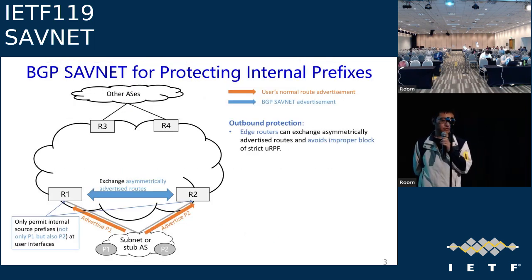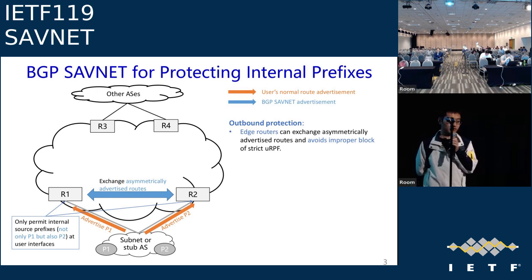BGP SAVNET can be used for protecting internal prefixes. Here, internal prefixes means the source prefixes belonging to the local customer networks. In this figure, we can deploy BGP SAVNET on edge routers connected to our customer networks, that is router 1 and router 2, two edge routers.